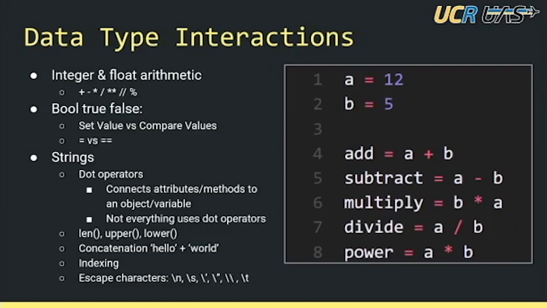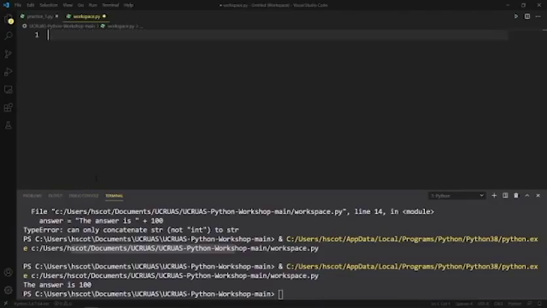\t is for tabs, and because strings are done by using quotation marks, if you try to include a quotation mark inside of a string, you might find yourself having an error. Instead, you would need to use a backslash before the quotation mark in order to put a quotation mark into your string, which sounds a bit confusing right now, but let's quickly demonstrate what that looks like.